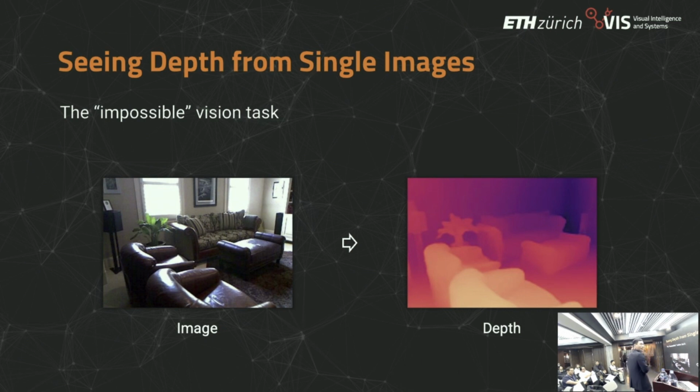So seeing depth in 3D is actually an impossible task, in the sense that the object can be any size. Even for the same image, I can say that this is your Barbie home. Like we are seeing a miniature sofa, such that the depth can be very different. However, human eyes suffer the same illusion.